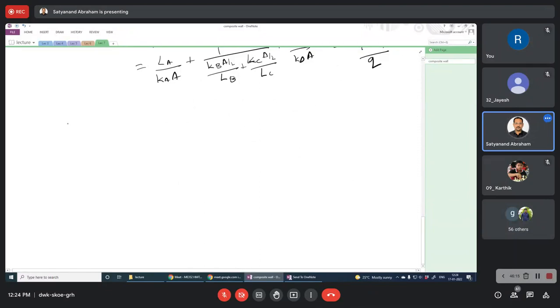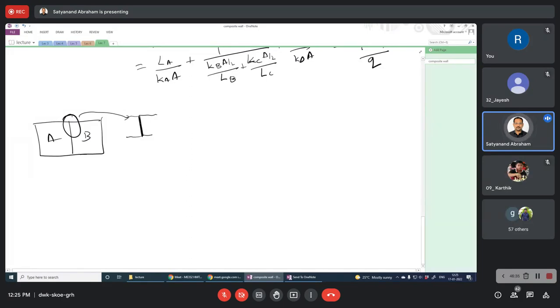So if you see the composite wall, A and B, here we are saying the contact is going to be very good.